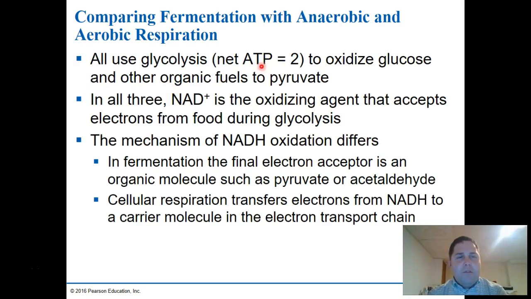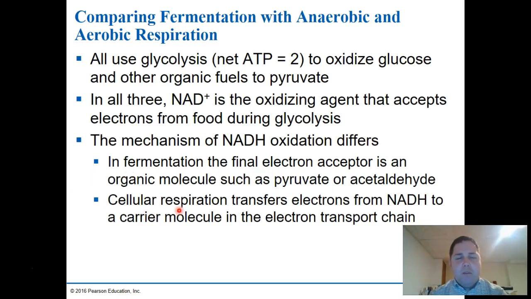So as I mentioned before, anaerobic versus aerobic respiration, all of them use glycolysis to get 2 ATPs. All of them use NAD+ as an oxidizing agent, but in fermentation, we have to oxidize that NADH away from the mitochondria. We have to use pyruvate or acetaldehyde to take those electrons.